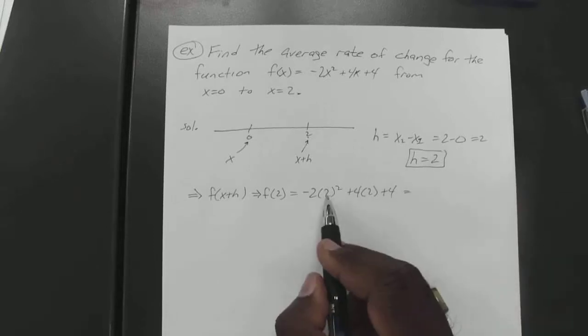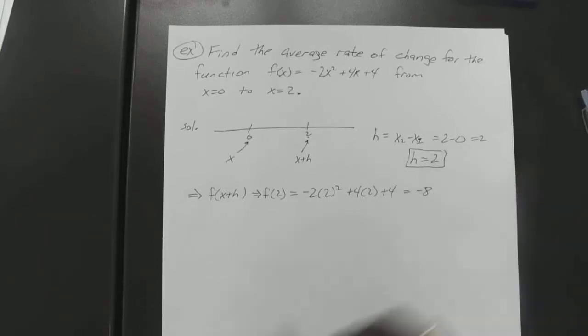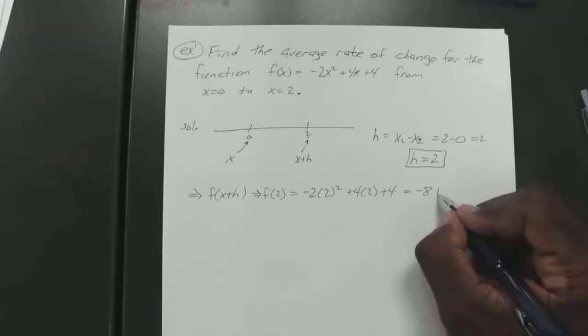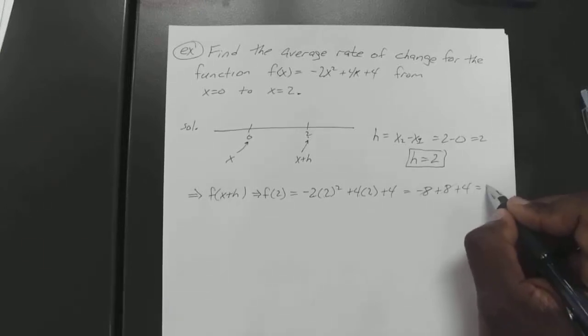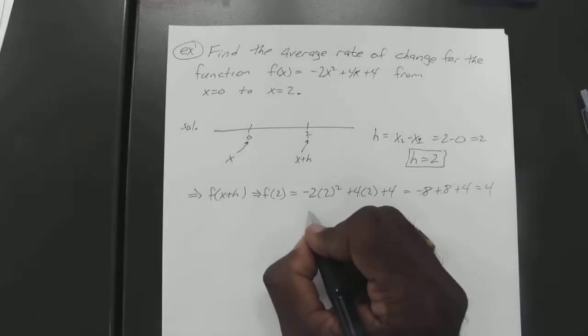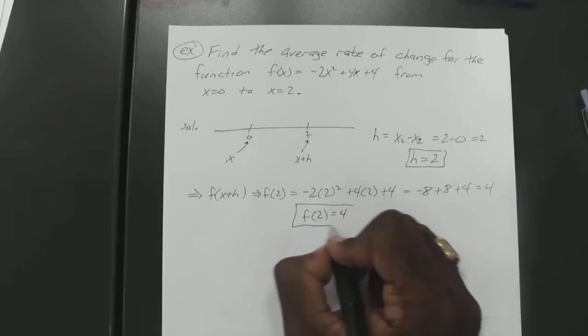So that equals negative 2 times 4, which is negative 8, plus 4 times 2, which is 8, plus 4. These two cancel each other out, so you end up with 4. So we know that f of 2 equals 4.